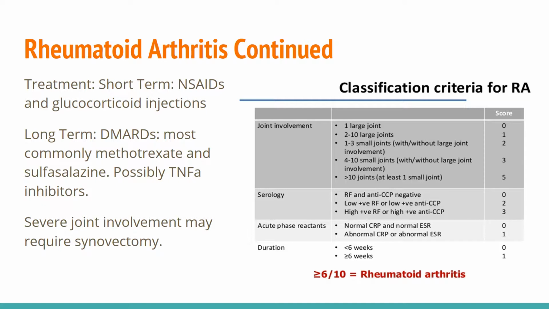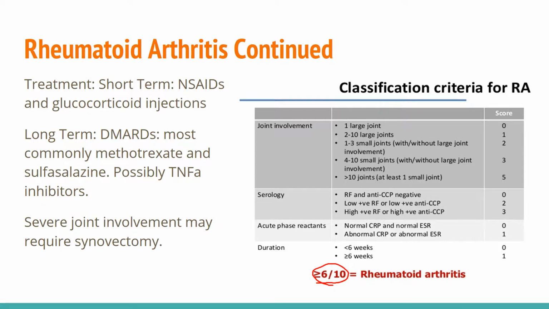For serology, you're looking at rheumatoid factor and anti-cyclic citrullinated peptide. Then you look at CRP and ESR as well as duration, and a score of 6 out of 10 is suggestive of rheumatoid arthritis.